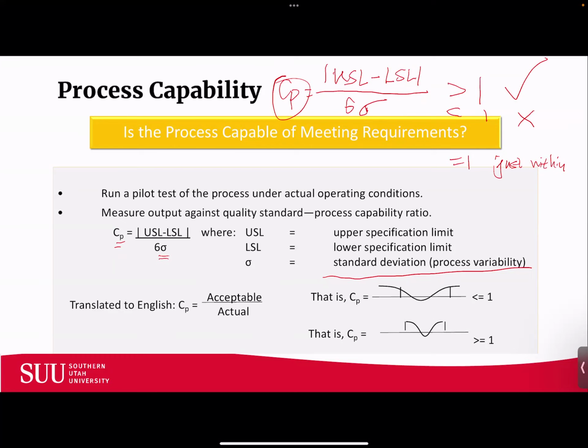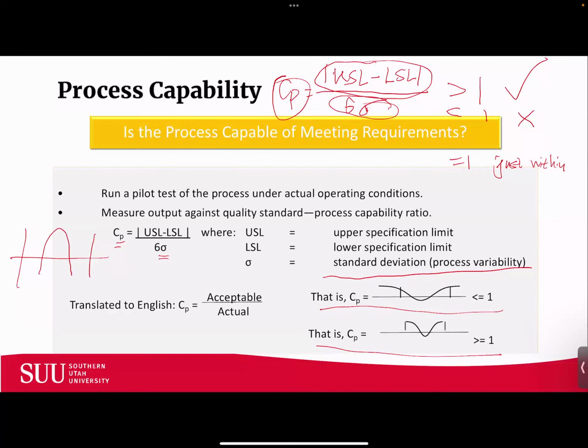Why? So take a look at the figures here. If your CP is larger than 1, which means this one, this is your specification. It should be larger than the real distribution. So this is your specification limits, and it's larger than the distribution.